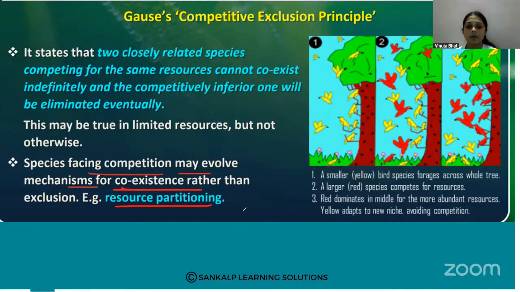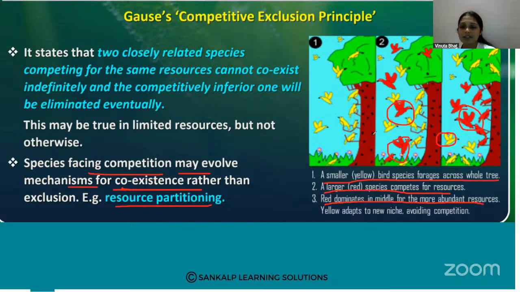They distribute the resources. For example, a smaller yellow bird species forages across the whole tree. A larger red species competes for the same resources, and the red dominates in the middle where resources are abundant.